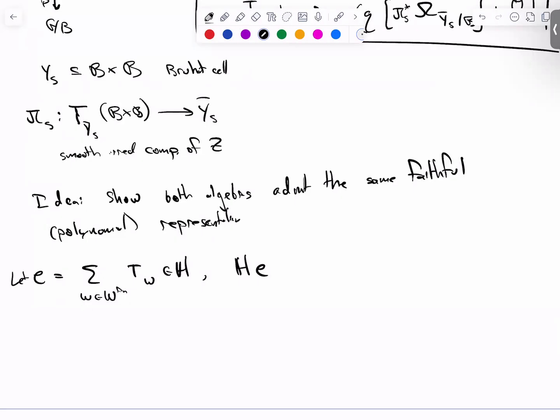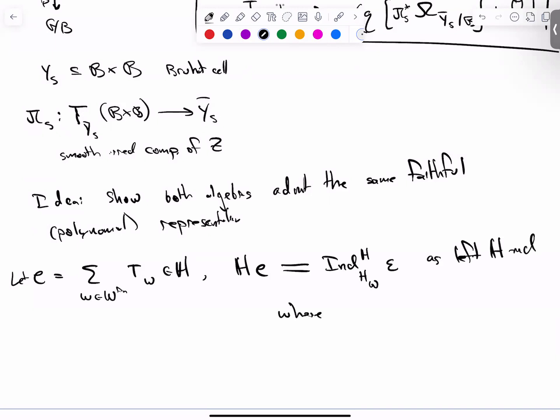Now there's a fact that this is, where epsilon is the character of the finite Hecke algebra given by sending the T generator to some power of Q.